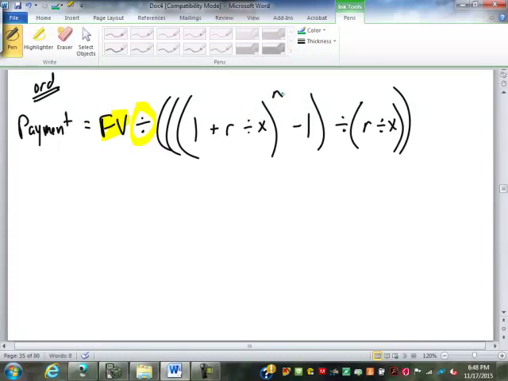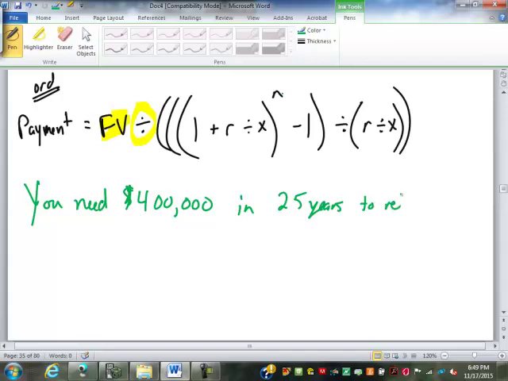So let's see what we come up with for an example here. Let's say that you feel you need $400,000 in 25 years to retire. I want to know how much you need to put away per month at 9.5%.